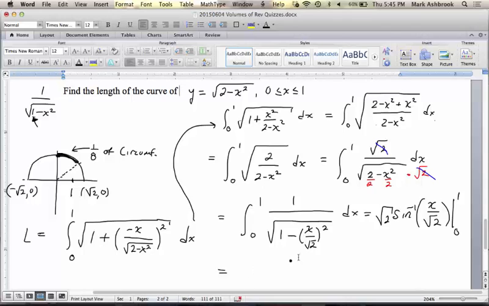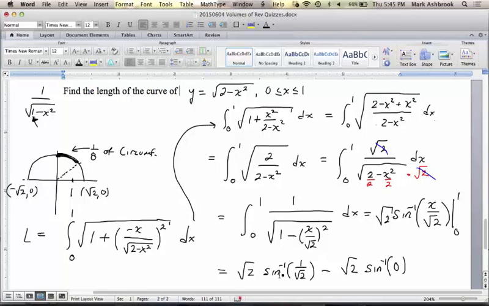Okay, so now we've got the square root of 2 sine inverse of 1 over radical 2 minus radical 2 sine inverse of 0. So we're asking what angle gives us a sine of 1 over radical 2, which is the same as radical 2 over 2. This is inverse sine, so this is like the output of sine.